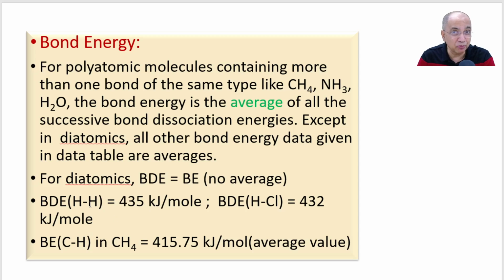But usually the term bond energy is applied to average values of a particular type of bond. For example, HH in H2 is this much, so there is no average concept here. In HCl, this much. But in methane, there are 4 BDE values and the average is this much.